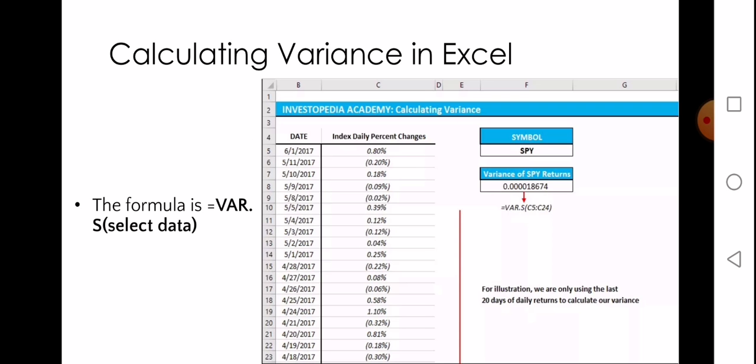Okay, calculating variance in Excel. We have here a formula of VAR.S and then we select the data. The reason you want to use VAR.S and not VAR.P, which is another formula offered, is that often you don't have the entire population of data to measure.